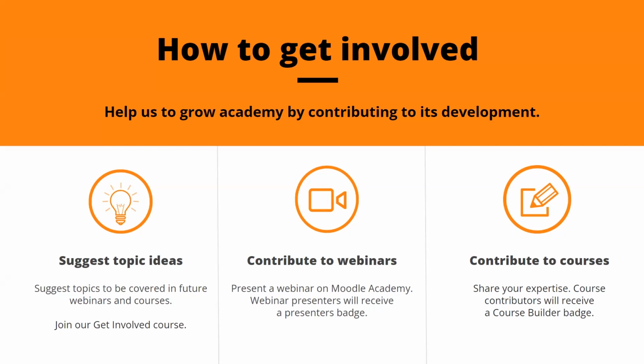Please feel free to join our Get Involved course. You can contribute to webinars. You can be a presenter in a webinar, and remember that presenters will receive a presenter's badge from the Academy. And you can also contribute by sharing your expertise and helping create and build a course. And of course, you will gain a course builder badge from Moodle Academy.